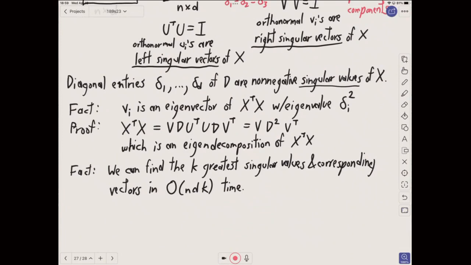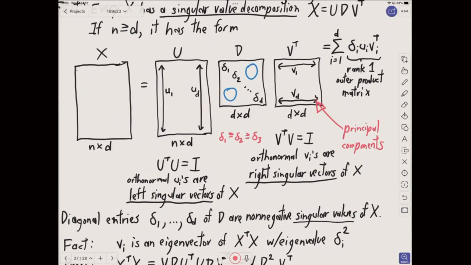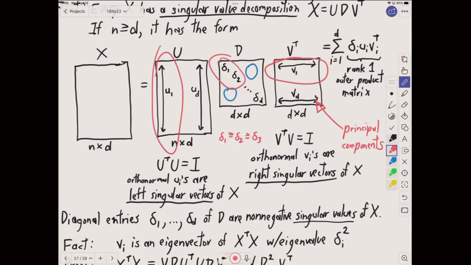You're asking if the order n d k time is related to that? That's to calculate part of the SVD, yeah. We are only computing the left singular vectors and right singular vectors for the first k singular values. That can be done in n d k time.